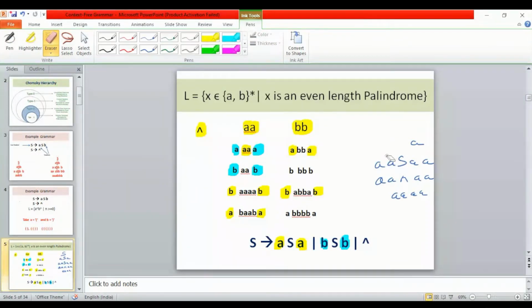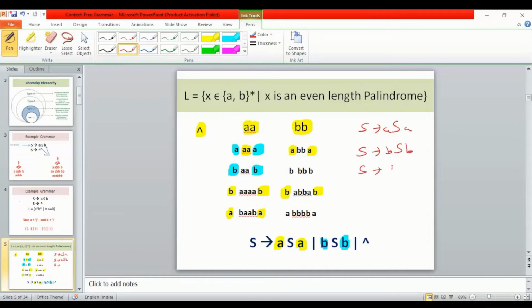Here we have three different rules. If we write the rules separately, the first rule is S gives A S A. The second rule is S gives B S B. And the third rule is S gives null, or from S we are producing null. So we have three different rules in this grammar.